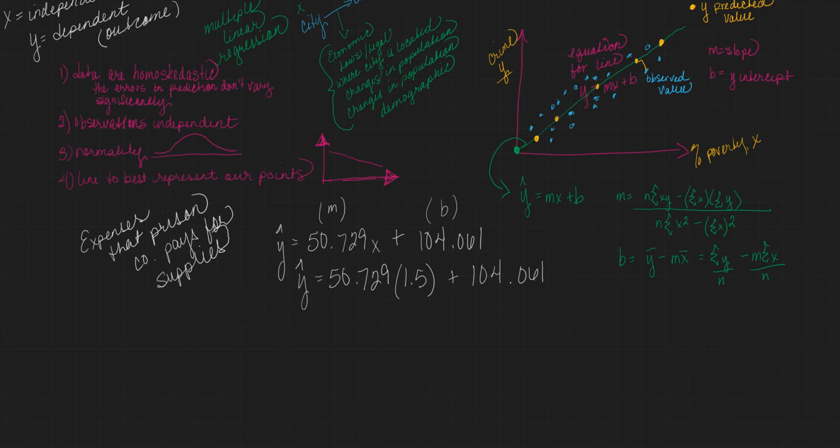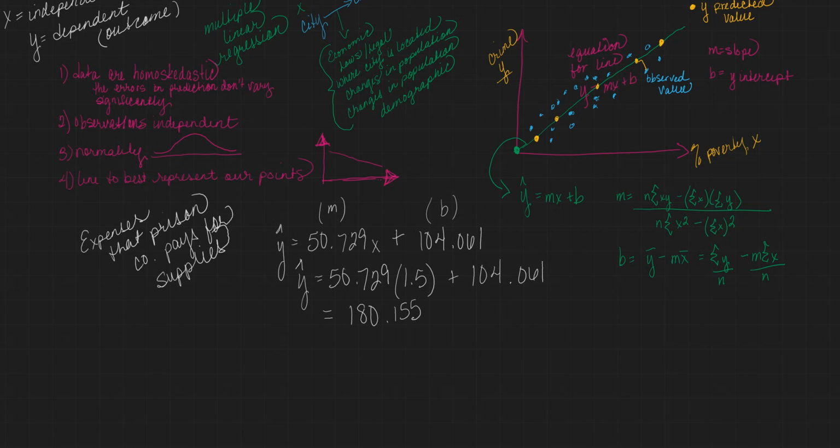That's our starting point, our y-intercept, right? Well, after they add that $1,500, we can predict that their revenue will then be, do all the math, 180.155. Not bad, right? There's the prediction that we can make.